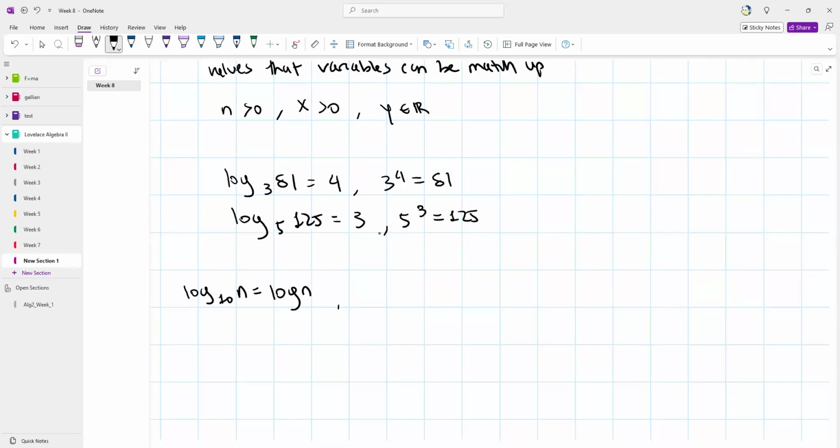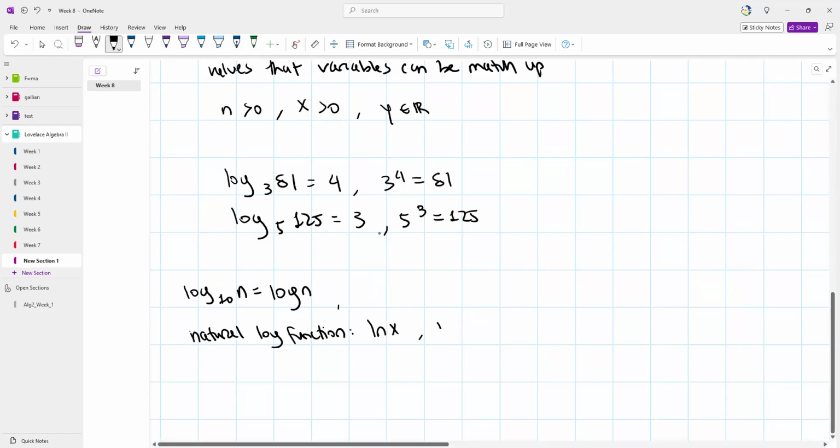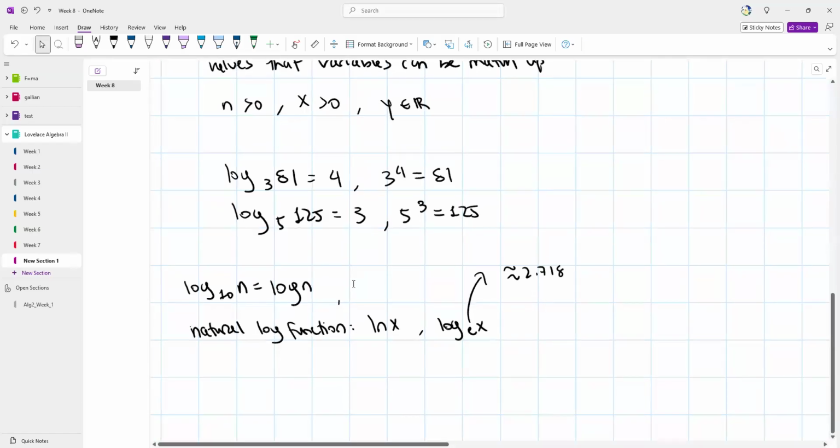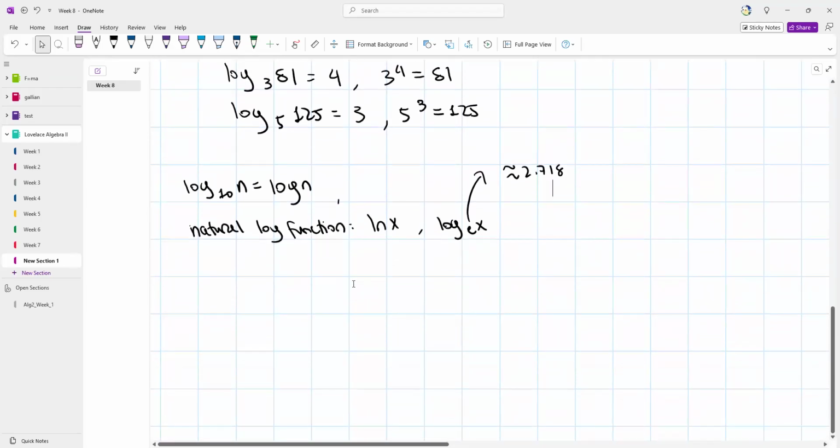And then we have another thing called the natural log function. So this is just ln x, which is basically log base e of x. And this value e is about 2.718. It's a really important number and appears in many different math problems and concepts in general. So yeah, these are two things to know. So I guess we can move on to some log properties.